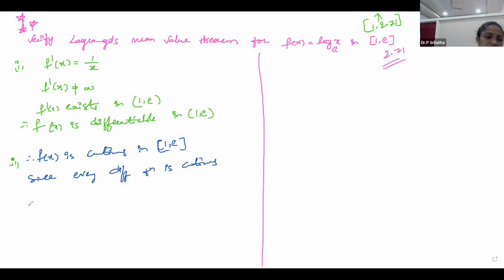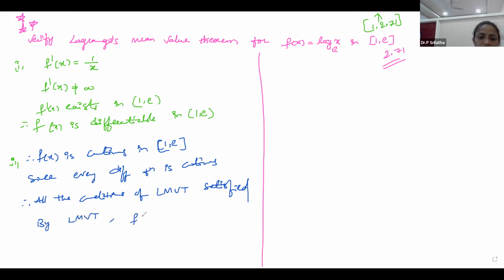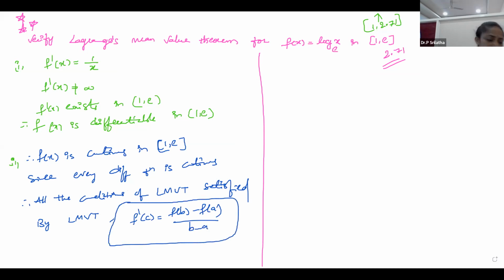Therefore both conditions of Lagrange's mean value theorem are satisfied. By Lagrange's mean value theorem, what is the main formula? f'(c) = (f(b) - f(a))/(b - a), isn't it? Okay, clear?